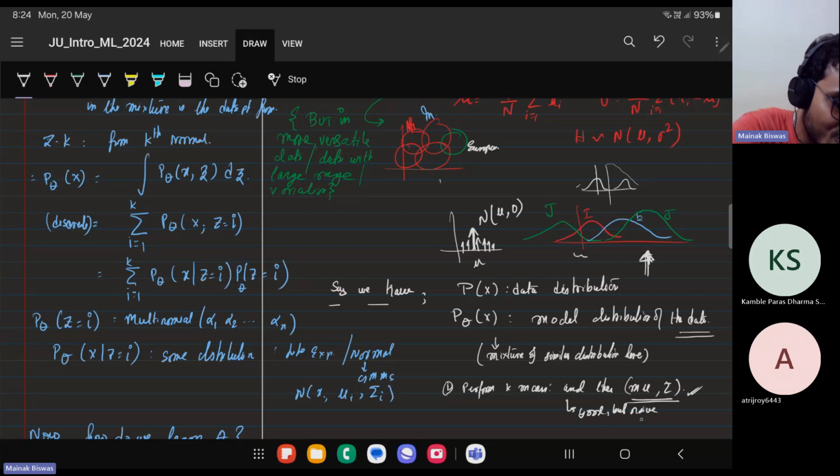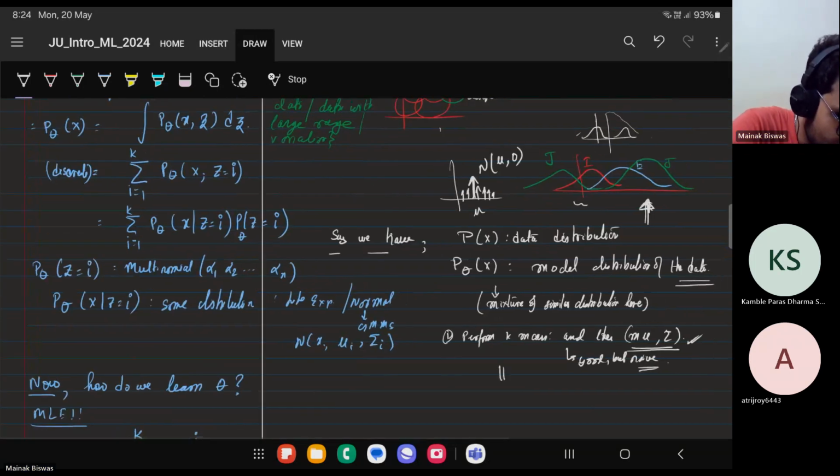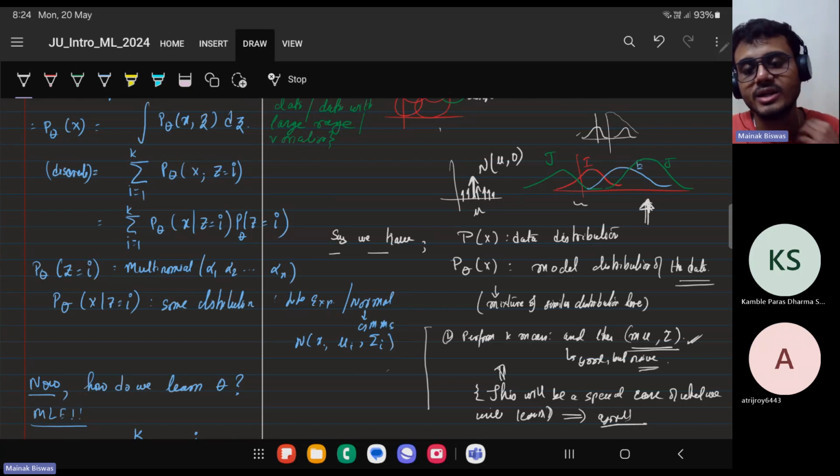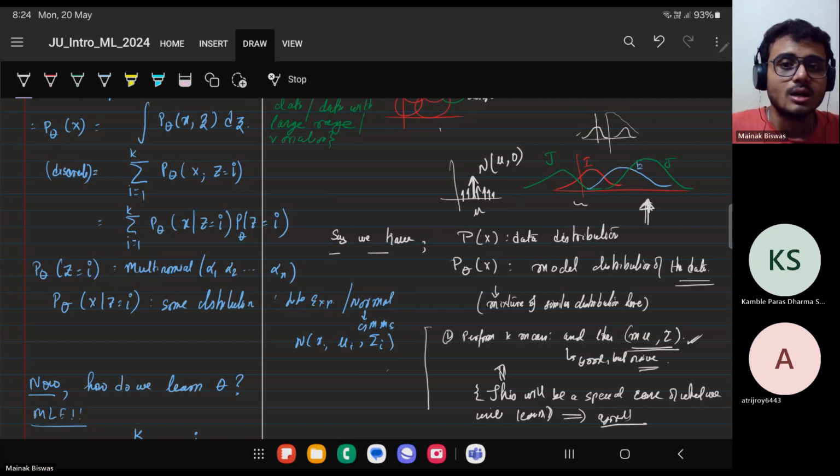At the end of the day, this will turn out to be a special case of what we'll learn. We'll see. Very nice, you're at least thinking. Good. So this is a good algorithm. You can perform k-means and then fit a Gaussian around it.